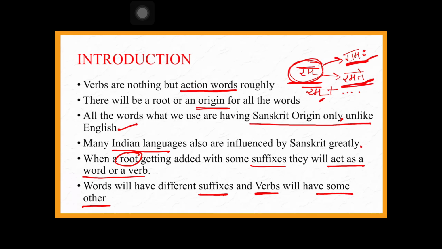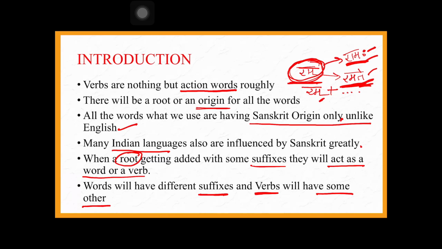There should be some other suffix, because ram is very common in both ramaha and ramate. But to create ramaha, I need to go for a suffix, and then the same suffix cannot be used for ramate. There will be a different suffix to create ramate. These are the major and important parts when we are understanding verbs and words.